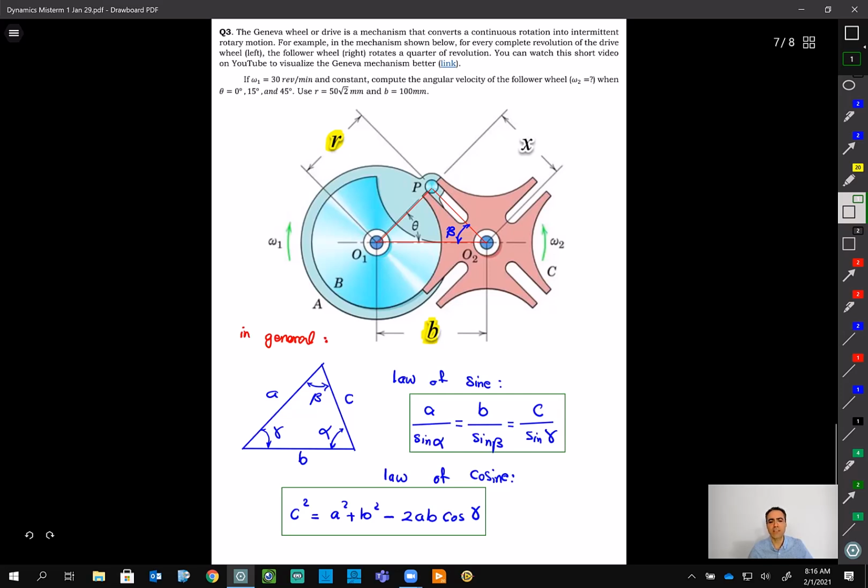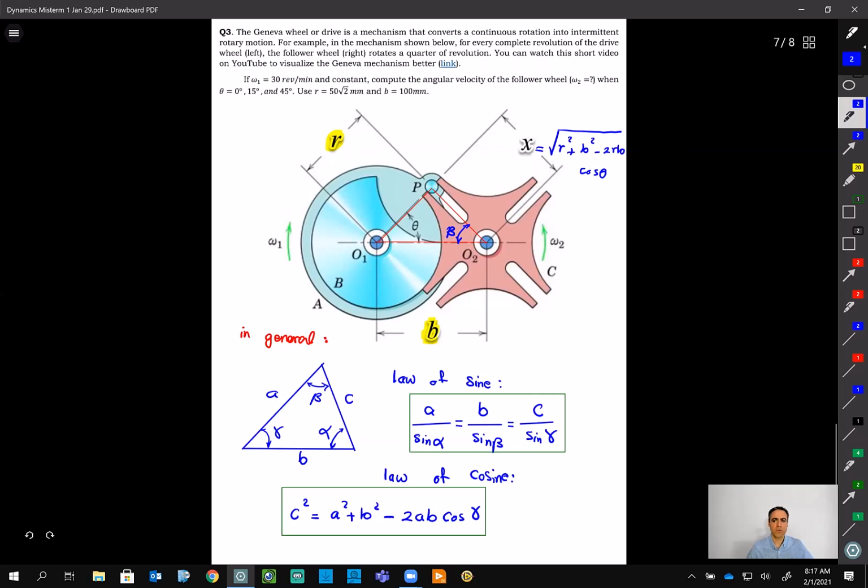If somebody asks us what its velocity is, we say, okay, I can relate this x to other parameters: x is the square root of r squared plus b squared minus 2rb cosine theta. So if I know how theta is changing, then I can figure out how x is changing.